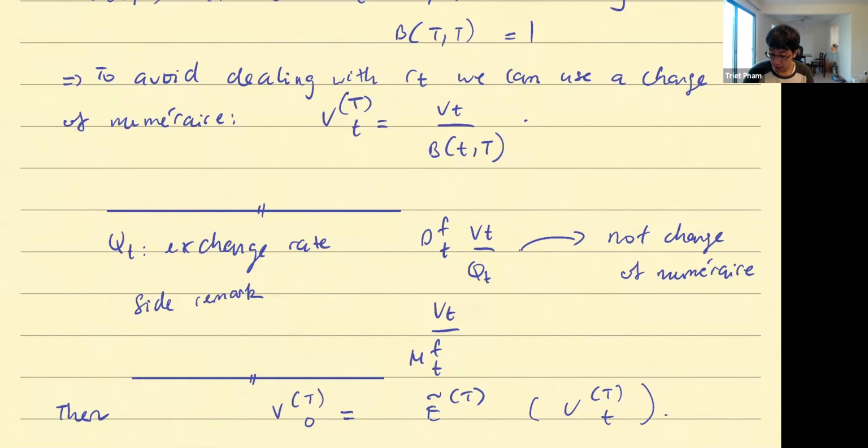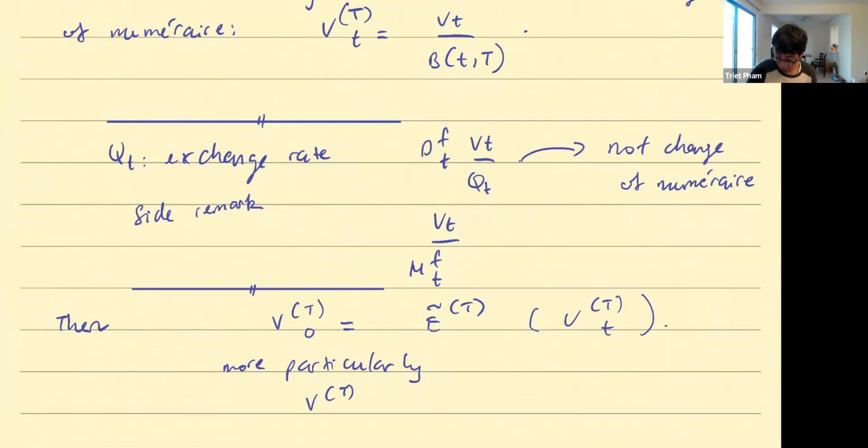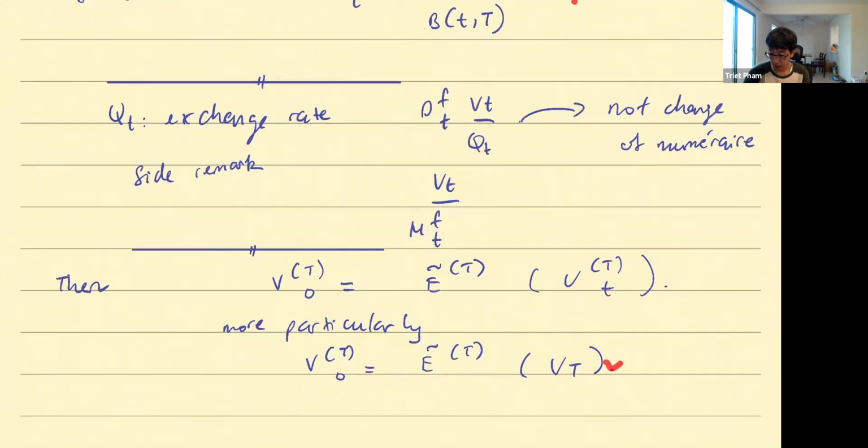And more particularly, at time big T, because B_T^T is 1, when you divide at time big T, this just becomes V_T. Is that okay?